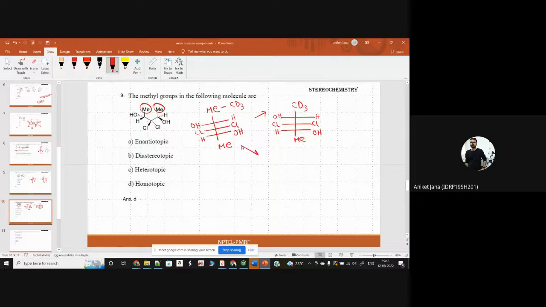Then we will change this other one with another CD3. The rest will be unchanged. Now tell me, what is the relationship between these two molecules, this one and this one?